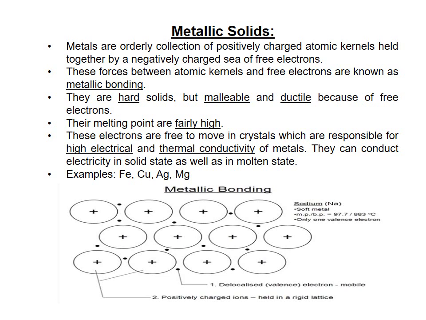Examples of metallic solids are iron, copper, silver, etc. You can take it as any metal. On your screen, the metallic bond is shown for sodium metal, which has only one free valence electron, and that is the reason why it is an exceptionally soft metal.